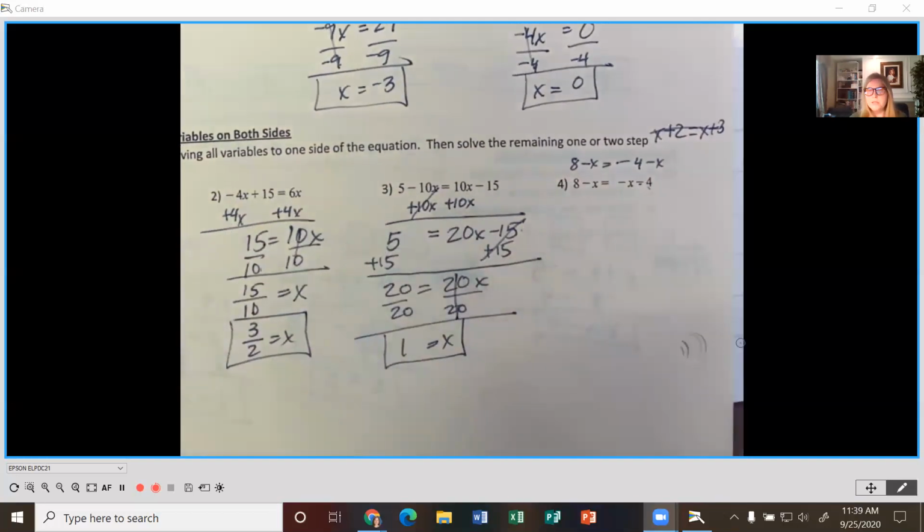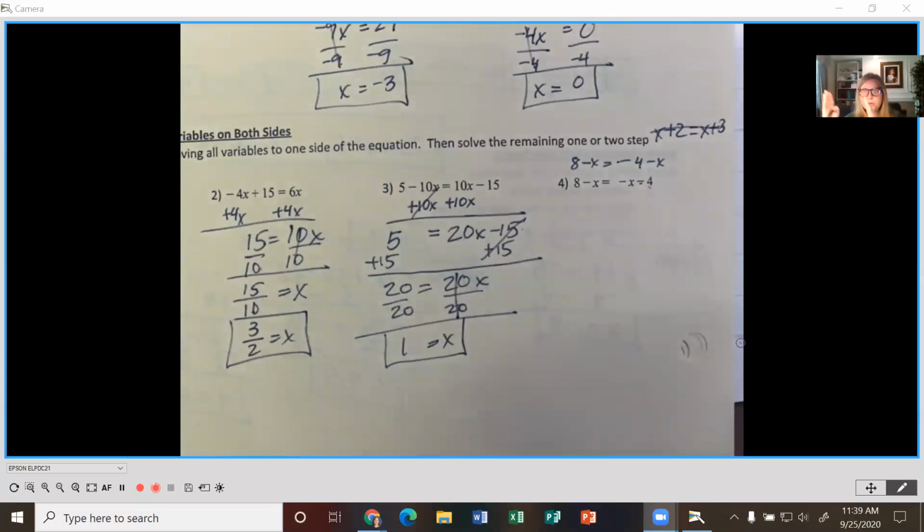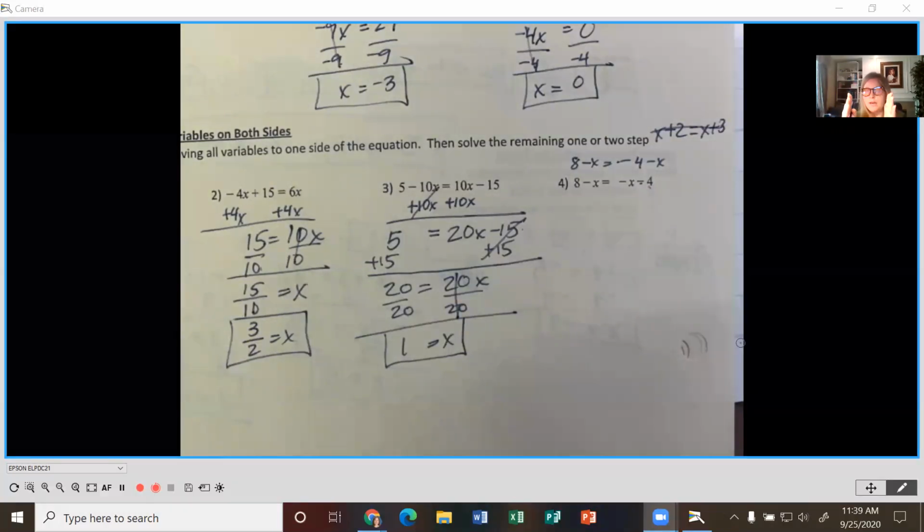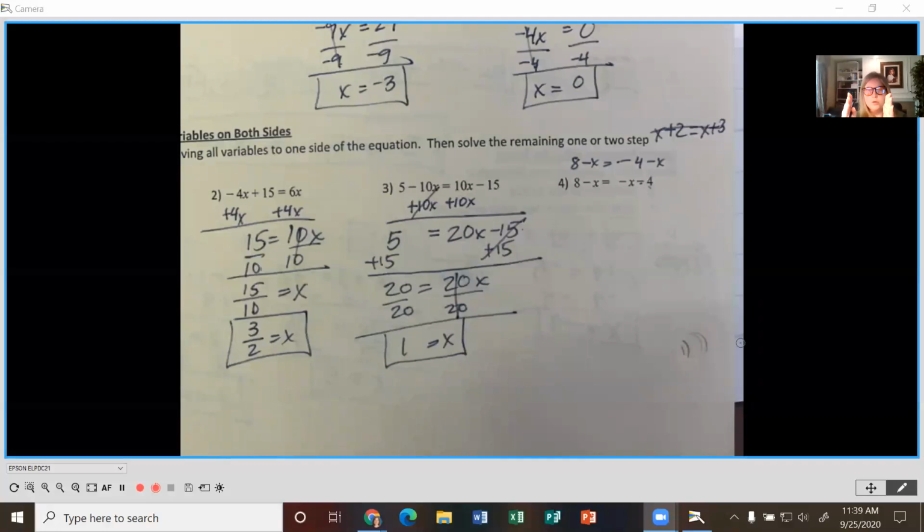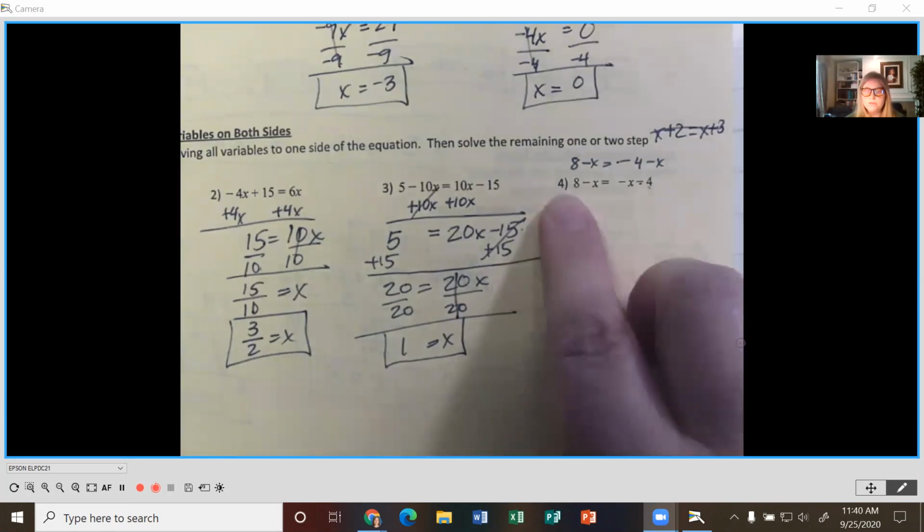Because 8 is here on the number line, -4 is here on the number line. If I take away x from both of them, they're not going to be equal to each other. I just took those two numbers that are not equal and I decreased them both by the same amount. Okay, they're still not equal numbers. So it's not going to be equal.